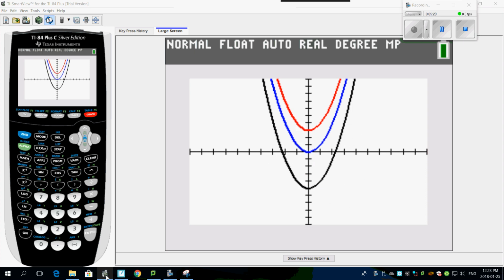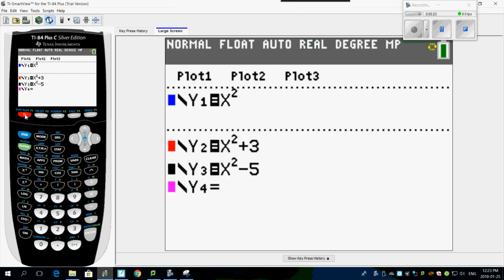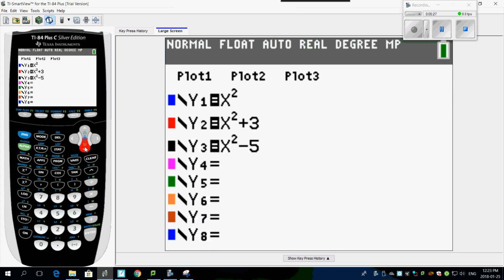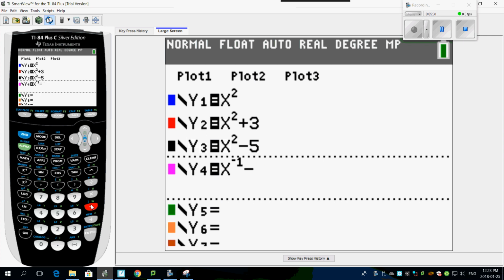I can actually go to my next value here and move this down. Let's say, how about x squared minus 10? Why not? Oops, I got x to the minus 1. Let me get rid of that. Whoops, I really messed things up. There we go, x squared minus 10.